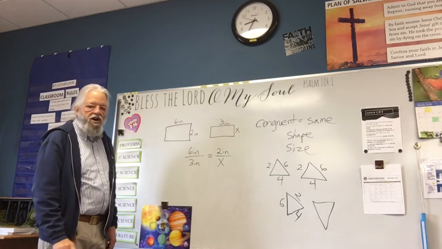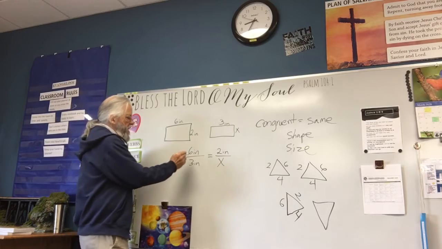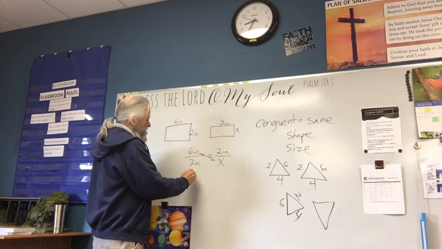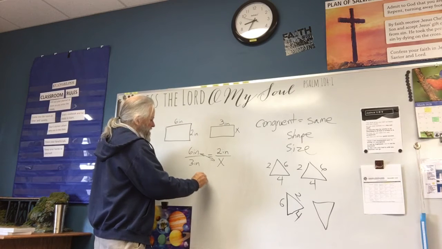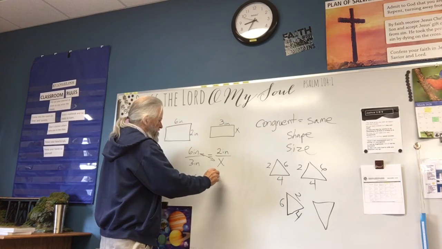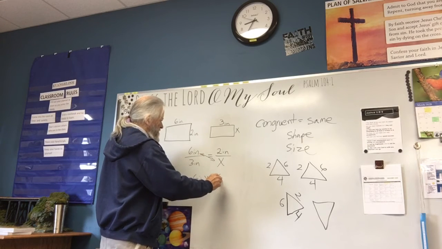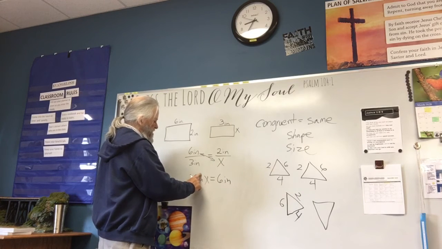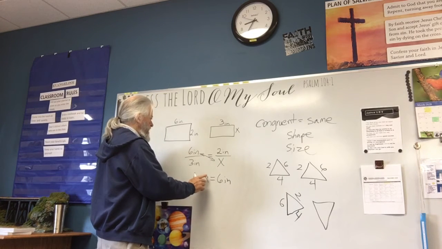And then you just solve for the proportion. You should remember how to do that. You can do cross multiplication. So you have 6x, 6 inches times x, equals 6 inches the other way. So 6 equals 6. Okay?